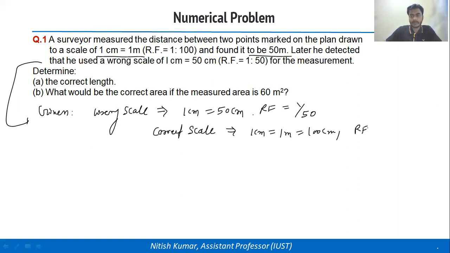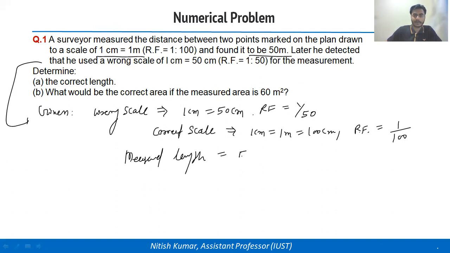RF is given, we can calculate also, 1 by 100, right? And measured length is given 50 meter. We have to find the correct length.